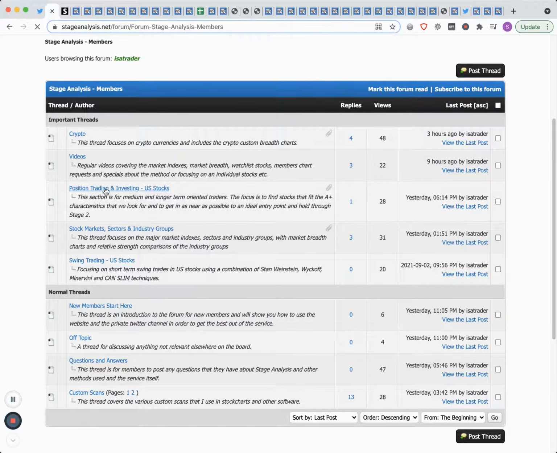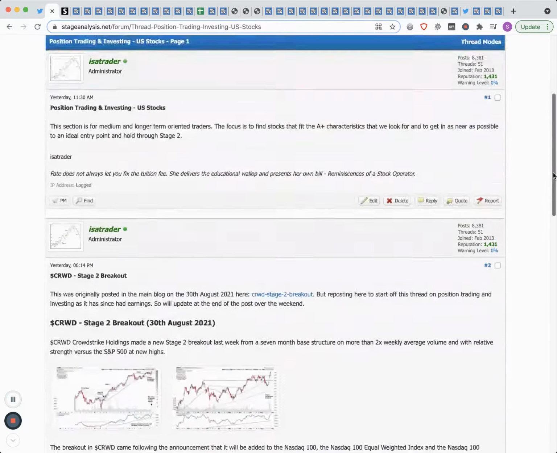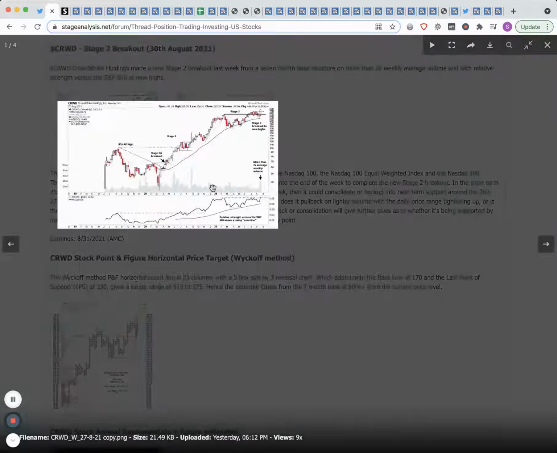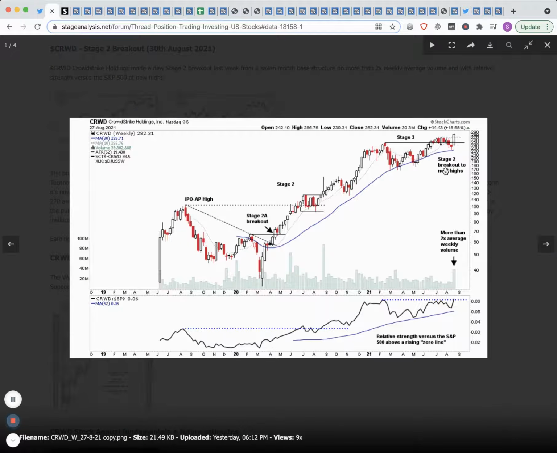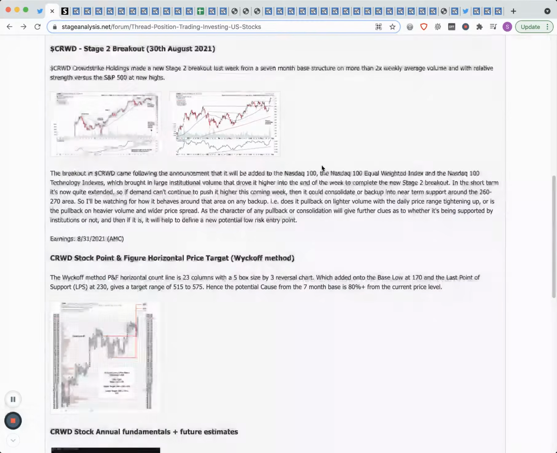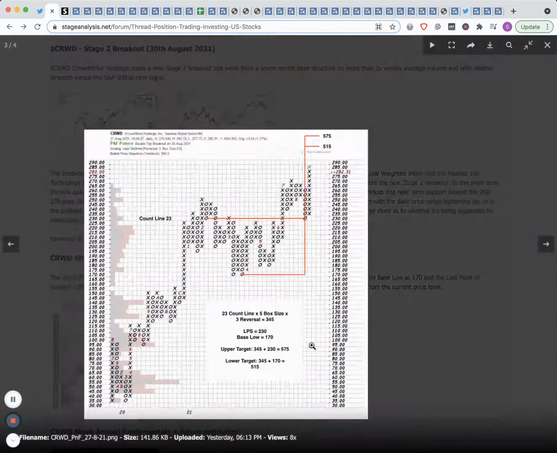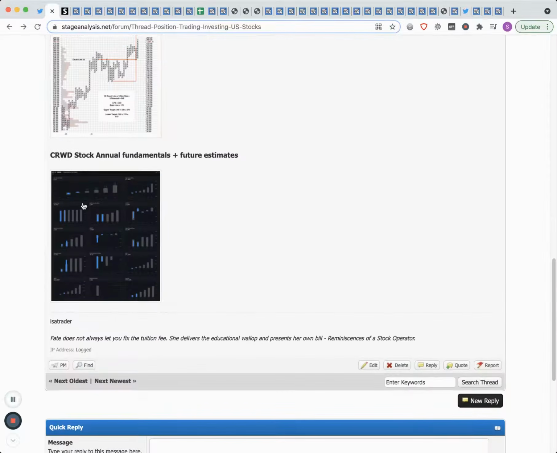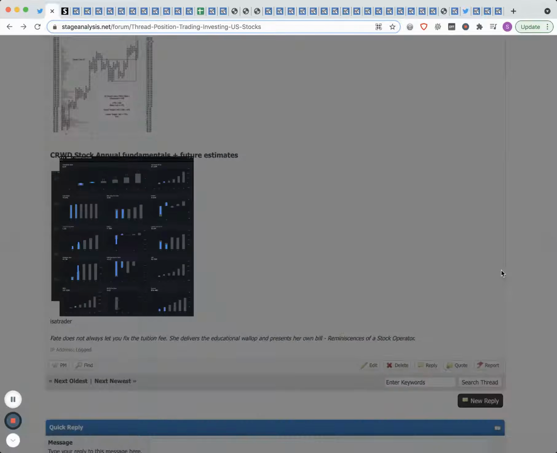For example, in position trading and investing in US stocks here, I did a detailed post on Crowd a few days ago, and I reposted it again. You can see this was highlighting the stage 2 breakout to new highs on the weekly chart, and the daily there. This was before the earnings, and the Wyckoff point and figure targets and its various earnings metrics, etc.